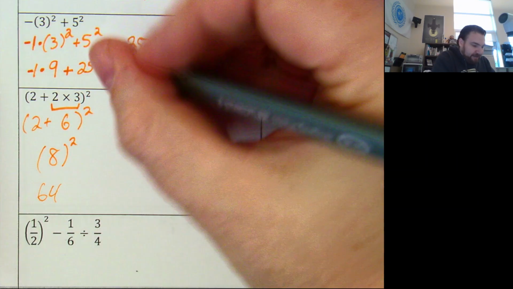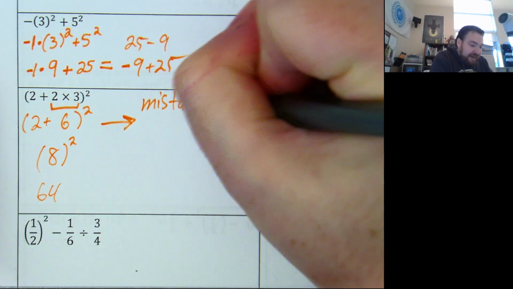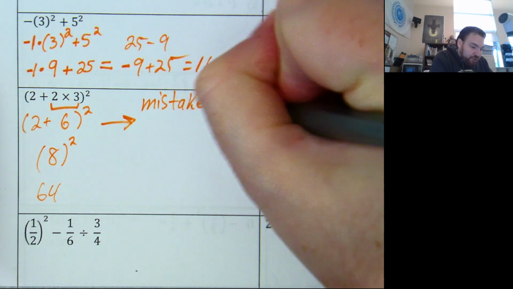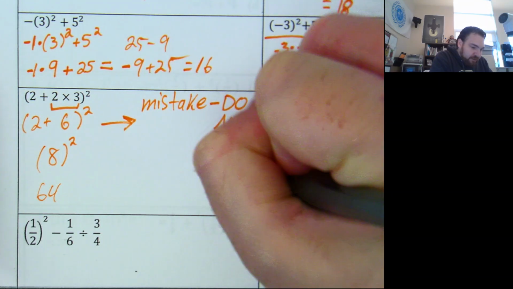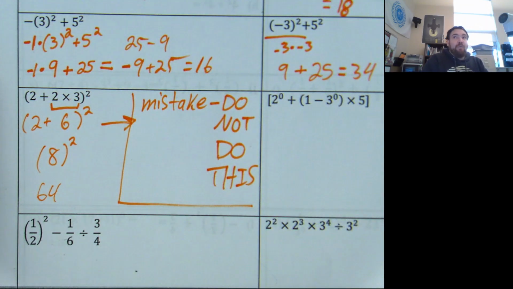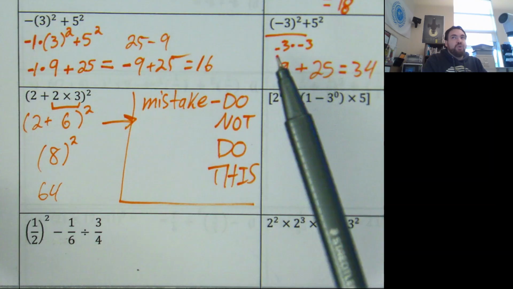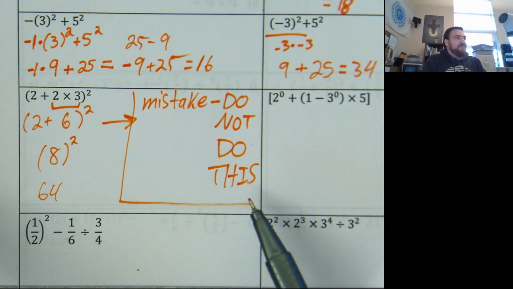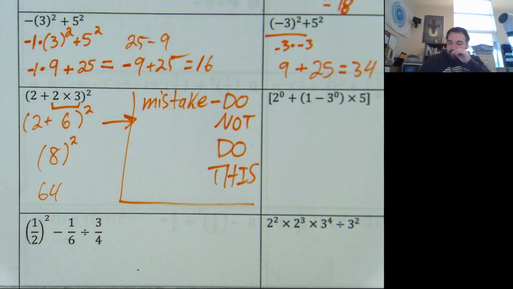This is what I see. This is a mistake. Write the word mistake. Write the words do not do this. And I want you to pay attention really closely to what I'm about to do. Do not do this. If you're not paying attention, this is what you're going to start to do. Don't do what I'm going to put in the box here.